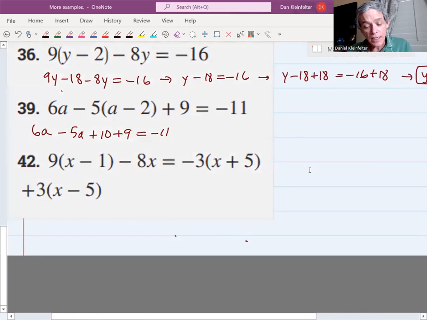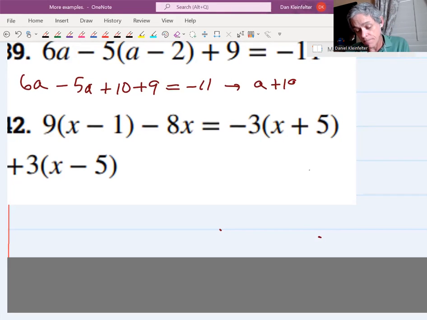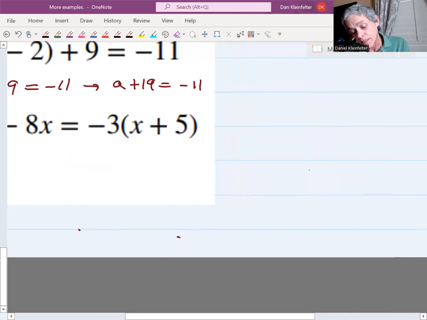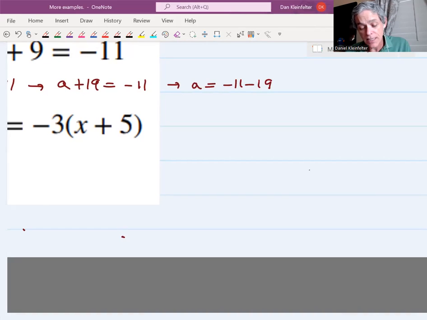To continue, we'll combine 6a minus 5a, a single a. And then on the left side, we have 10 plus 9 or 19. Right side's the negative 11. So now you can tell that we're going to end up subtracting 19 from both sides. So a equals negative 11 minus 19, and so a will be negative 30.